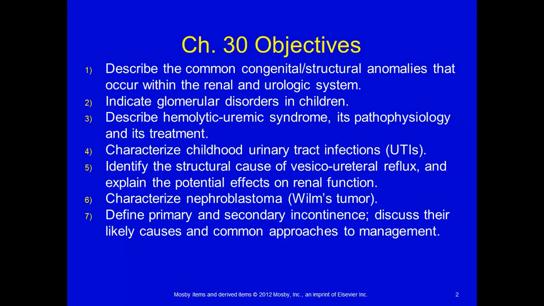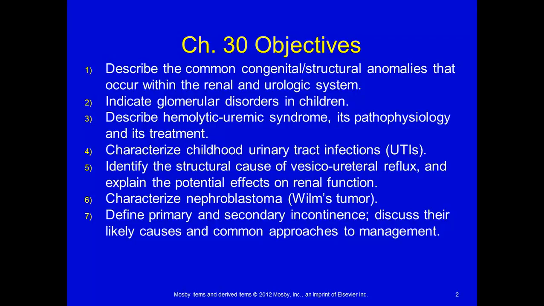Here are your objectives for the pediatric content. And you'll see today as we move through the morning that I'm going to divide up the different abnormalities by structural, which are not things that you will normally see in the adult population, because a lot of these structural abnormalities are congenital abnormalities that get fixed very quickly after birth, surgically or intervention-wise.